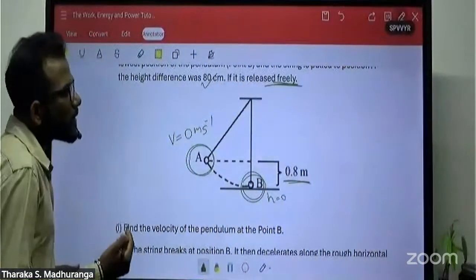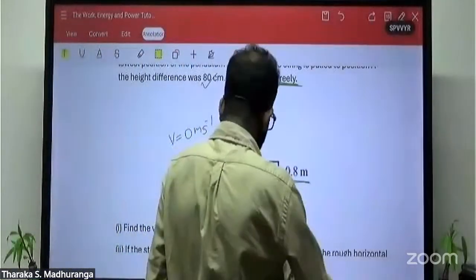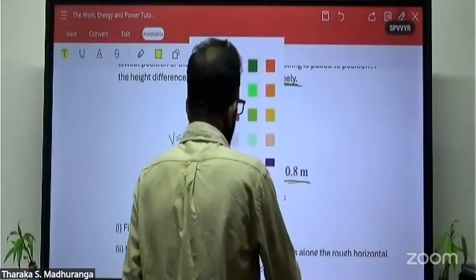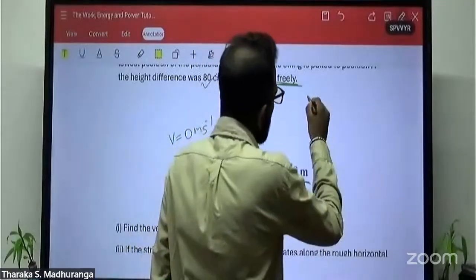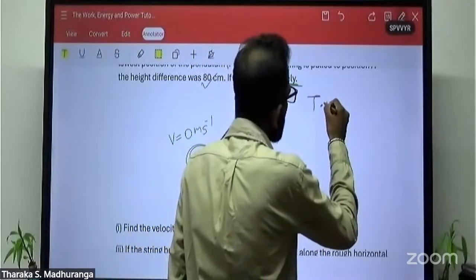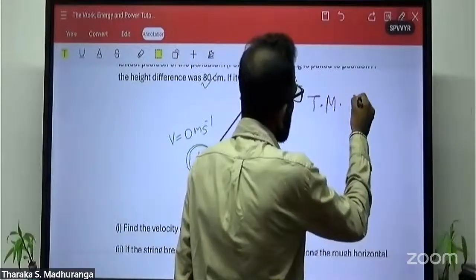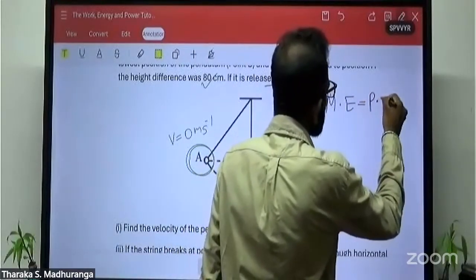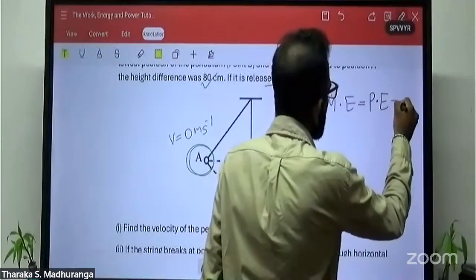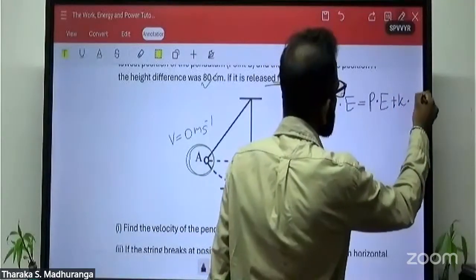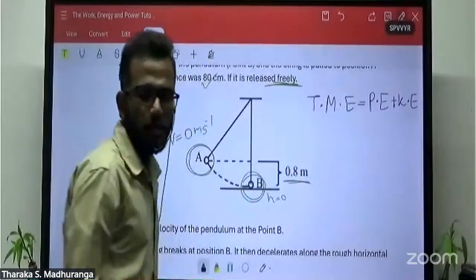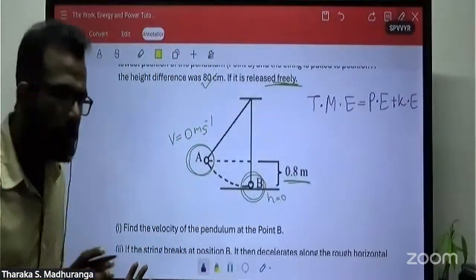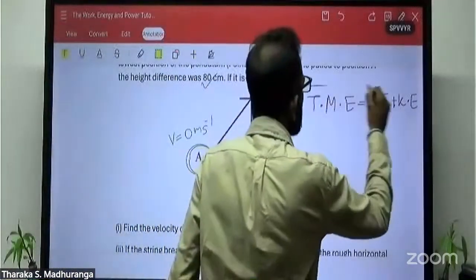What does the total mechanical energy mean at any point? Total mechanical energy is potential energy plus kinetic energy. What is the mechanical energy law?